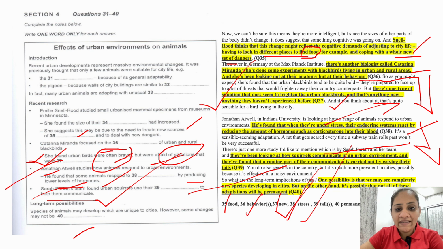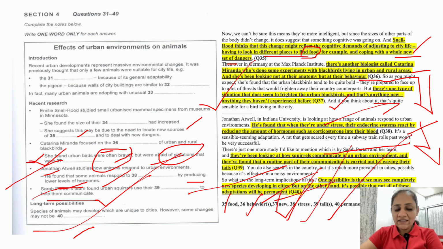One possibility is that we may see completely new species developing in the cities, but on the other hand it's possible that this adaptation will not be permanent. So not is already written, and permanent is the answer for number 40.